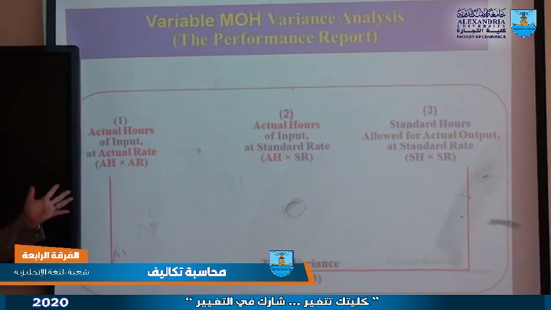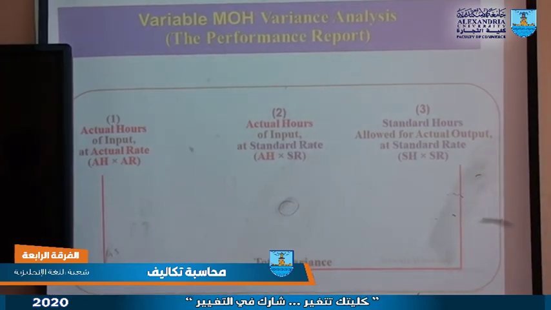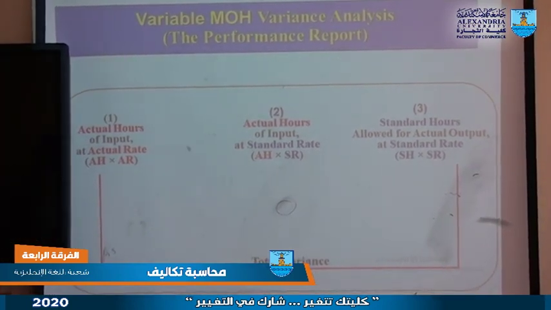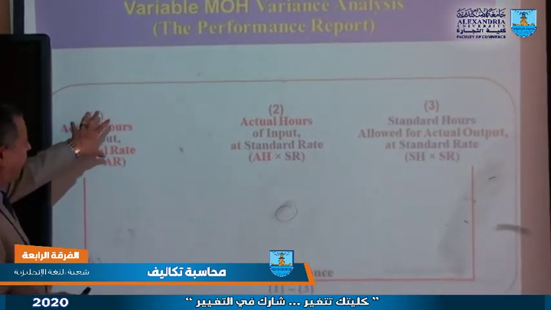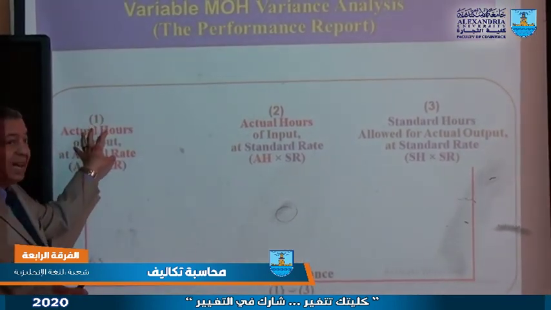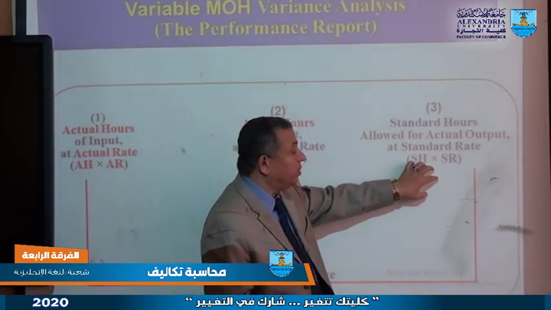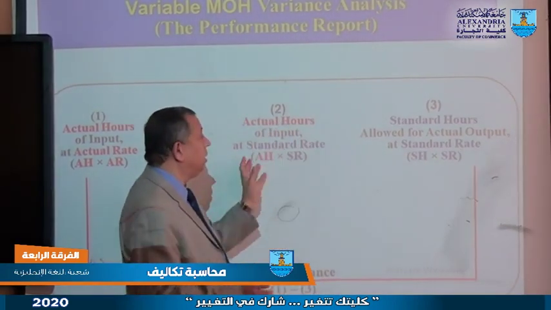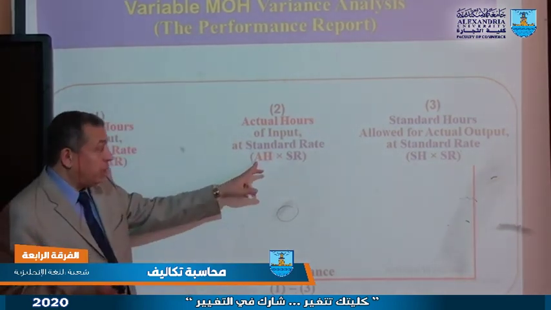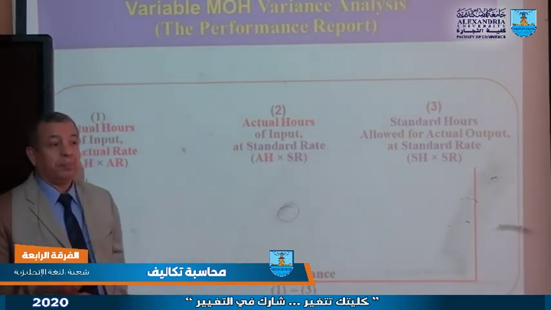So this is a form of performance report for the third time. Actual, 100% actual, standard, 100% standard, and in the middle I speak about actual hours and standard rate.